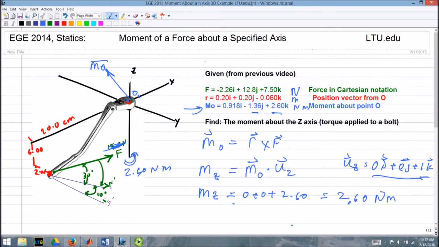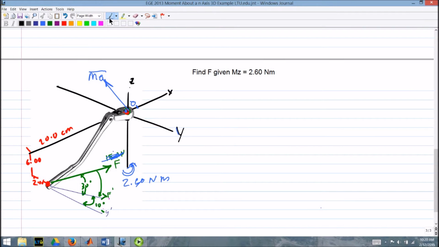So the problem here is find the force F pointing in the direction specified by those projection angles given a moment Mz of 2.60 Newton meters.